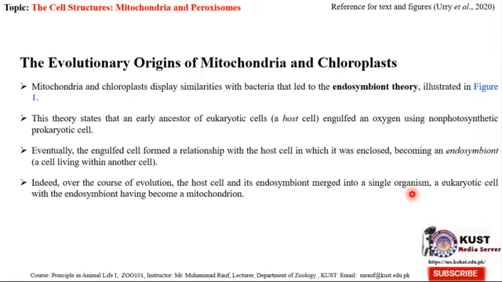So when one prokaryote entered into another prokaryote, they established a beneficial relationship in which both of them started depending upon each other, and with the passage of time this relationship became so strengthened that eventually the two organisms became one, and that was the evolution of a eukaryotic cell.